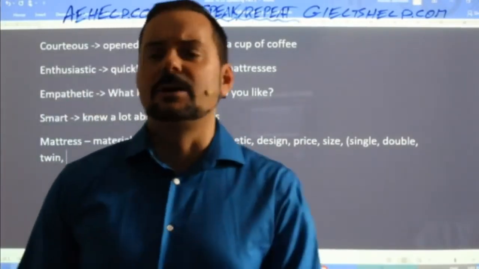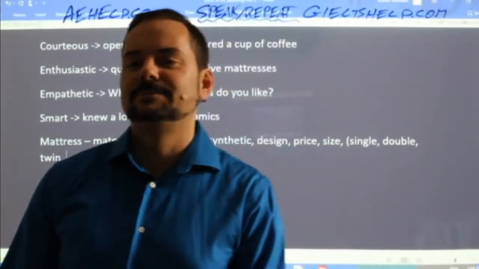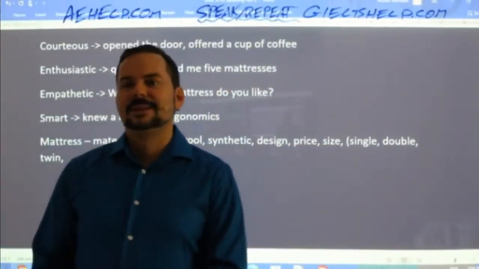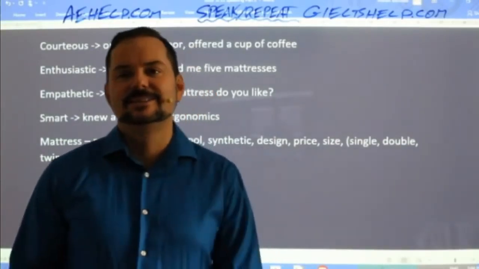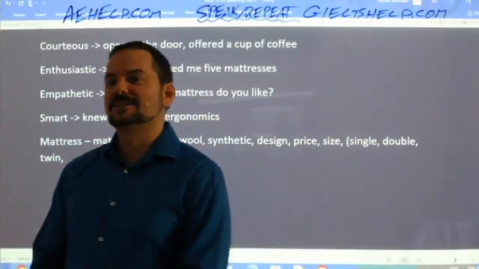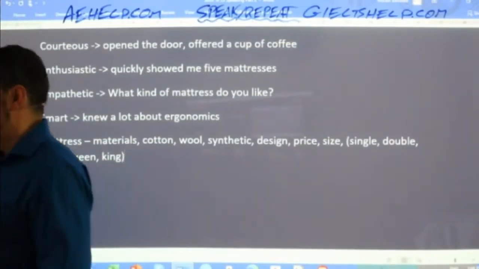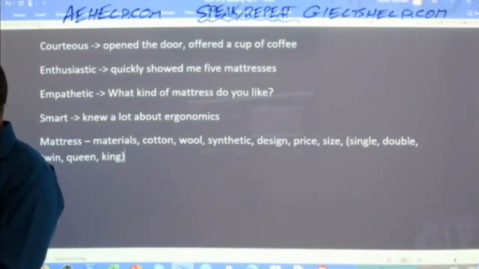What comes after double and twin? I wonder if they're the same all over the world, the mattress sizes. Abhishek says queen and king. That's right. Queen and king is the bigger. And if you want to go for the really big, you go for the California king. That's the biggest standard mattress you'll find in North America.